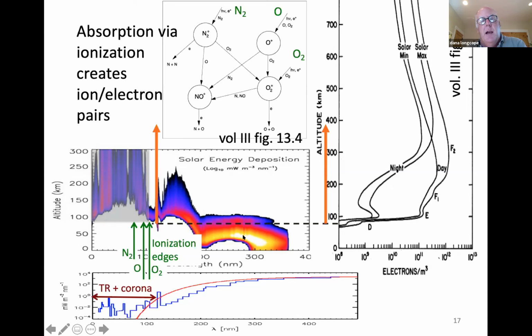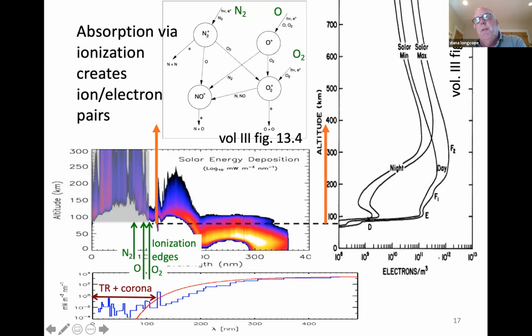Which is all fun and games, but it doesn't really give you any free electrons. It just creates more atomic oxygen. So it's above these heights, a little under 100 kilometers and above, that your absorption of photons is really ionizing things and therefore creating free electrons. And so this is the ionosphere.